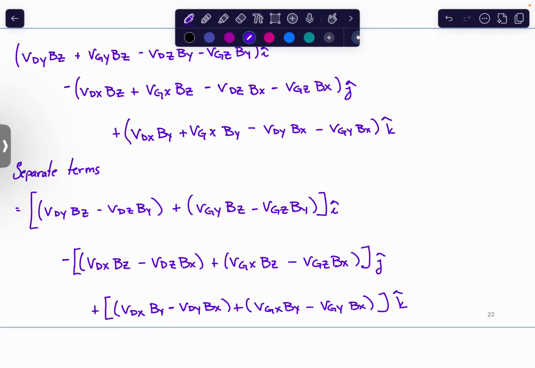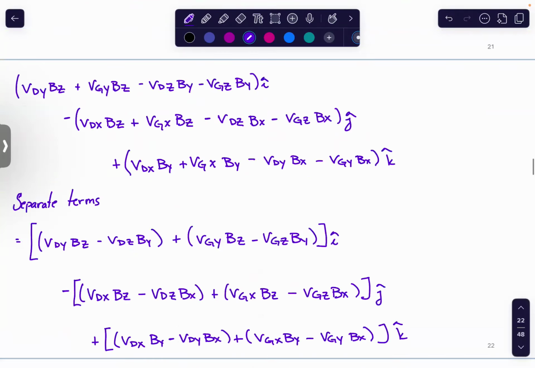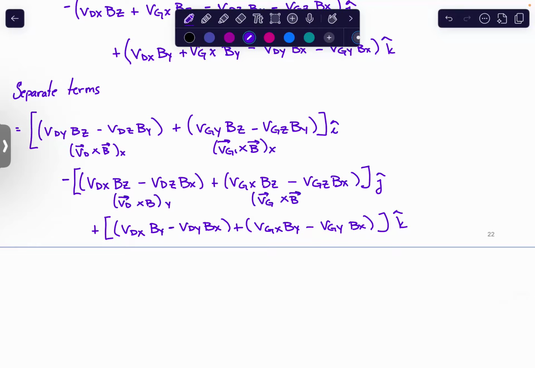Then what you notice, so when we did these individual ones here, the drift velocity cross B and the gravitational velocity cross B, what you notice is now each one of our terms, we have our x components, our y components, and of course, these are our z components.